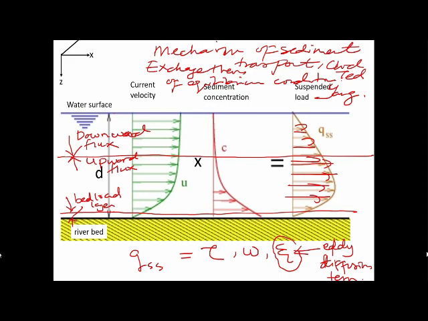So the downward flux means that it is something related to the concentration and also the fall velocity. Okay. Berapa banyak dia punya berat, I mean how heavy are the particles to move in the downward motion. Berapa banyak yang boleh dia jatuh lah maksudnya. Okay.